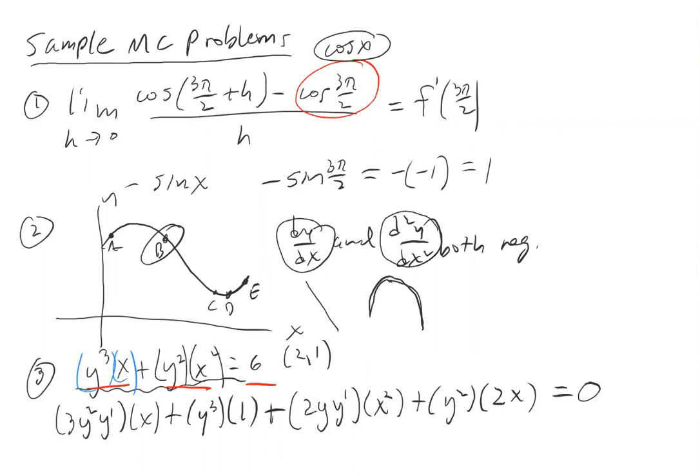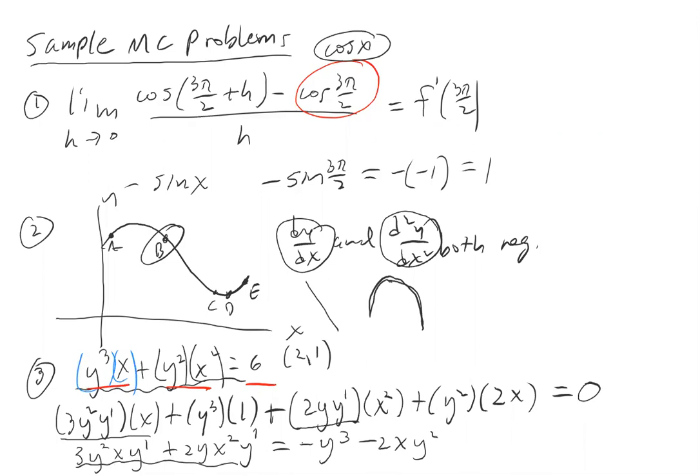Now to solve for dy/dx, you have to put all the dy/dx terms on one side. There's 2 terms with dy/dx. Let's put them on the left. So you have 3y squared x y prime plus 2y x squared y prime. Everything else you move to the other side of the equation: negative y cubed, negative 2xy squared.